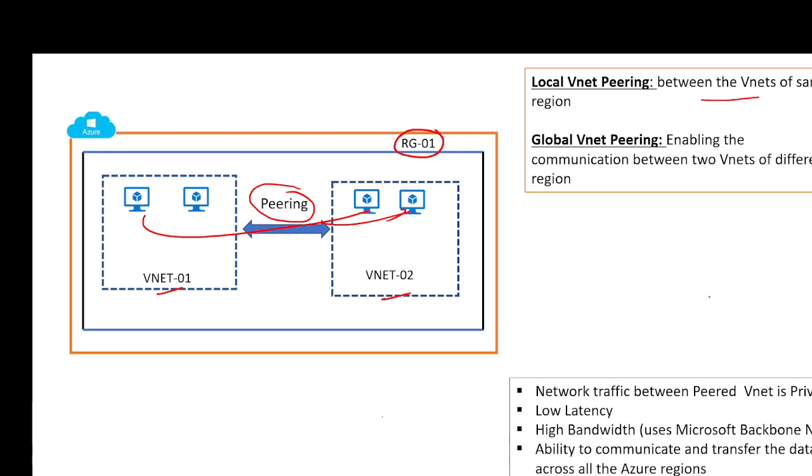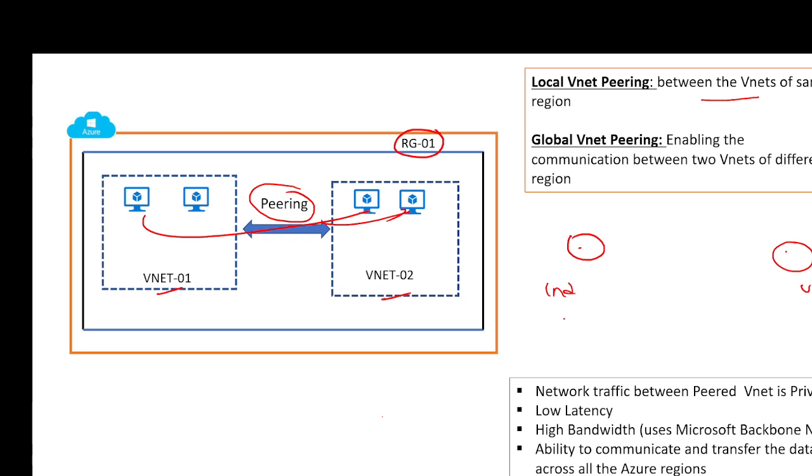Say for example, this is your India, this is your USA. Imagine you are peering the Vnets between these two regions.